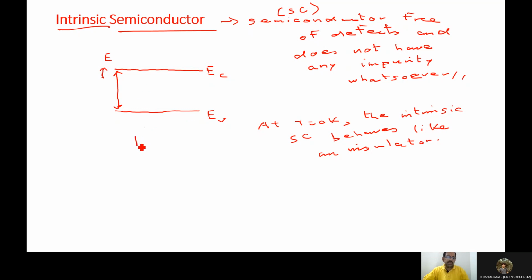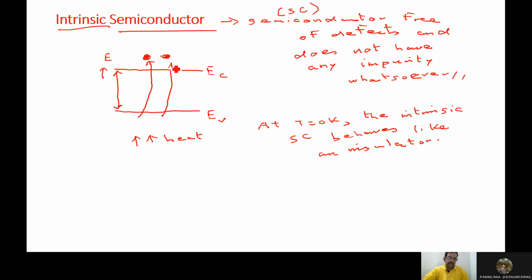So how do I excite it? What I do is I apply thermal energy, so heat. So it is called thermal excitation. So an electron hops to this band over here. So it occupies here, and similarly another electron can occupy.